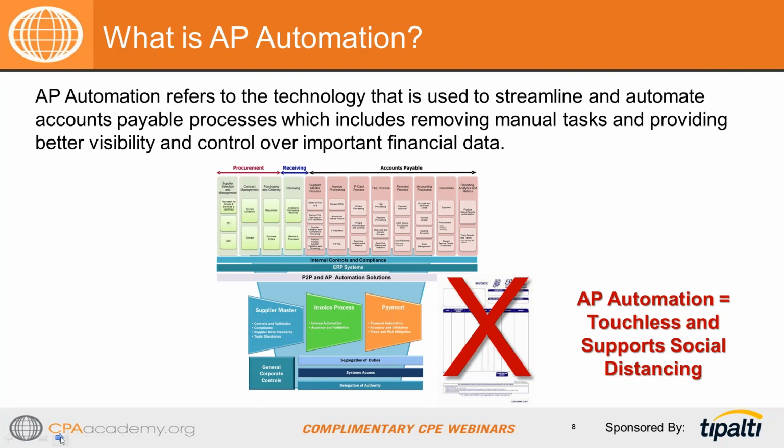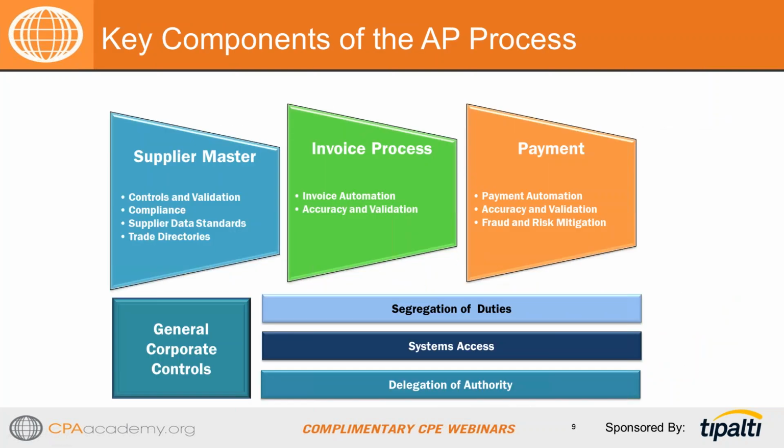If we're looking at an end-to-end process with supplier master, invoice processing, and payment, we're looking at touchless, and we know touchless absolutely supports any social distancing requirements. So just something to think about.